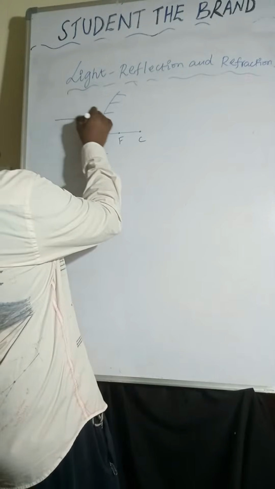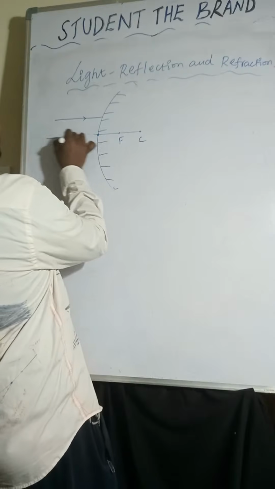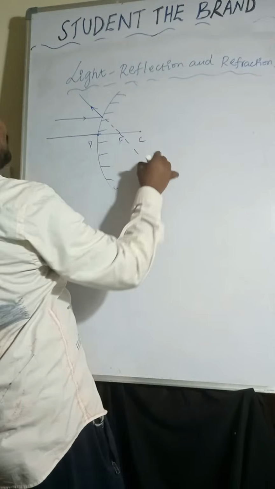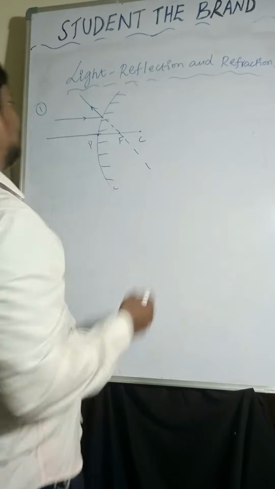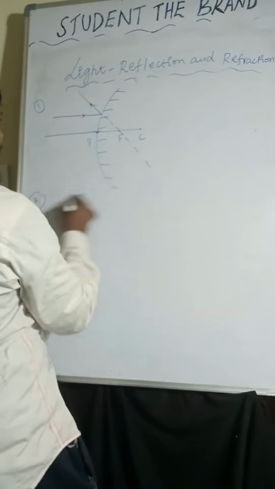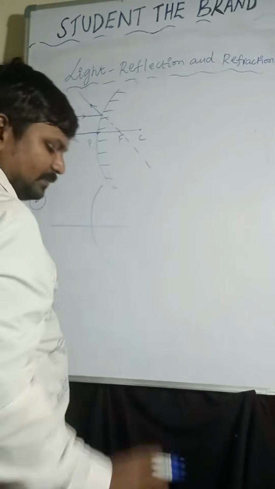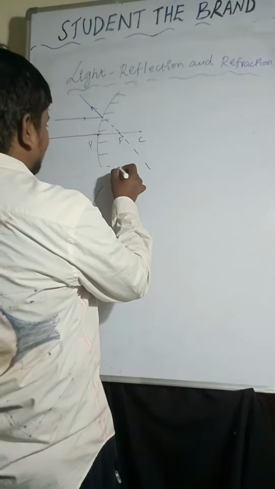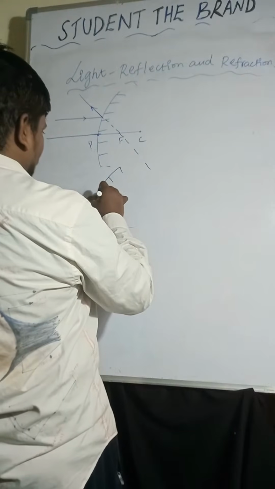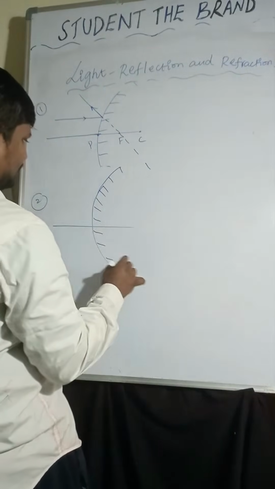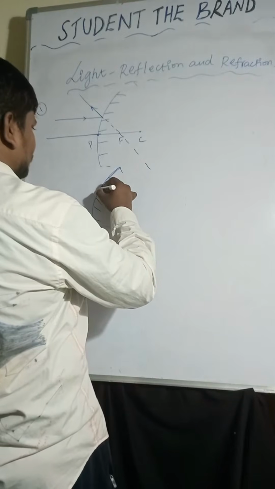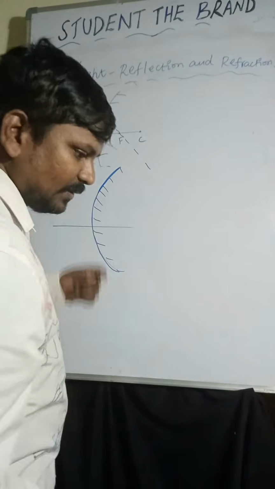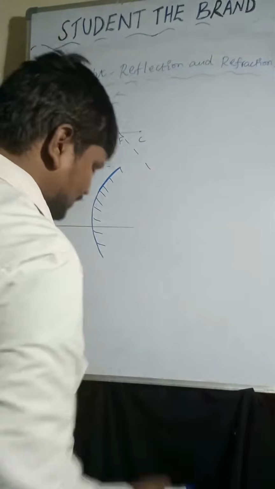First one, this is the incident ray. After reflection, the light ray is passing through the focus. Coming to the second one, you can observe here carefully. The light ray is passing through the focus.